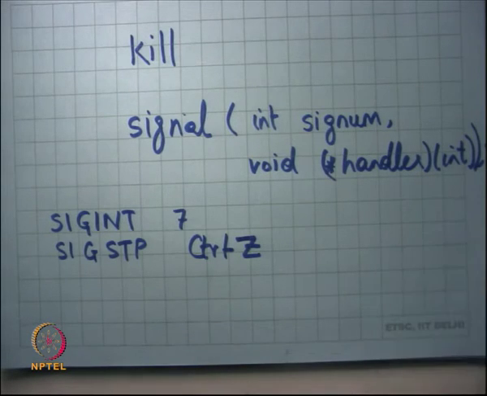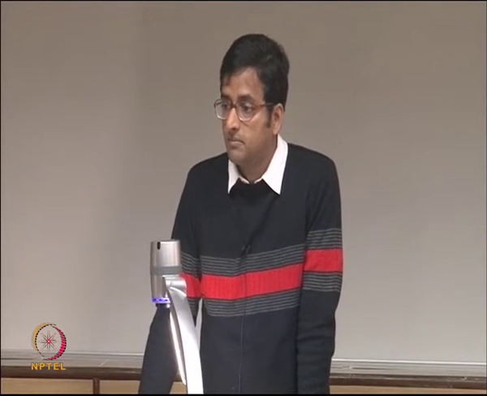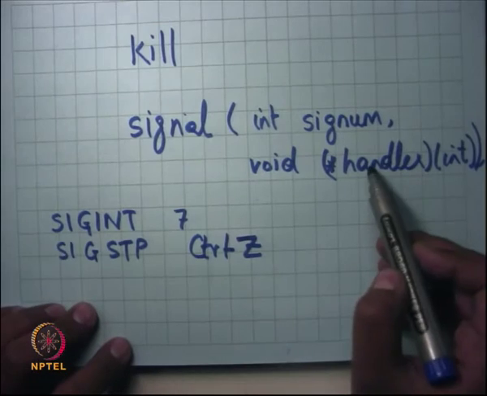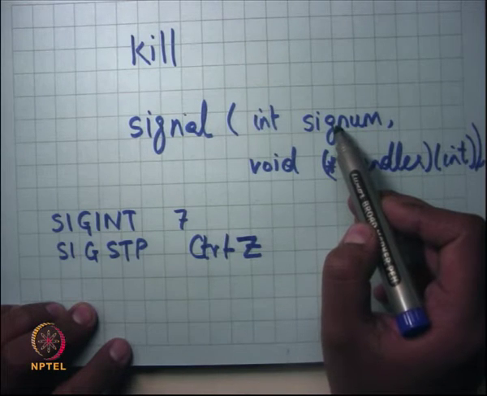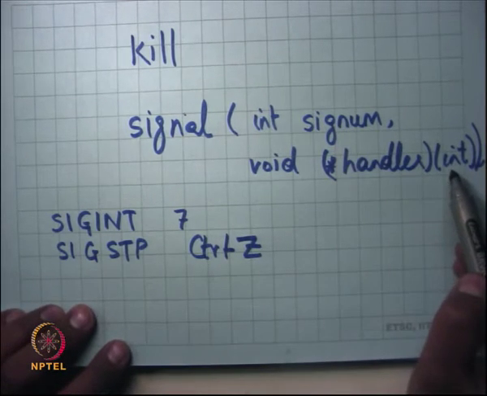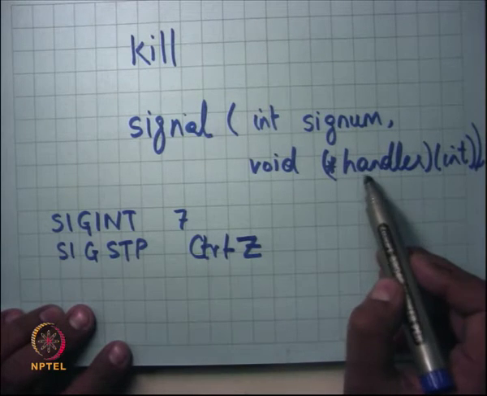So the integer argument for the handler function is the signal number itself. If we are passing a given signal number and a function, is it for all possible signals? No. That handler is associated with that particular signal number. But it takes an integer argument. Right, if it is only for a single signal number, then it need not take an argument. So this is a simplification.